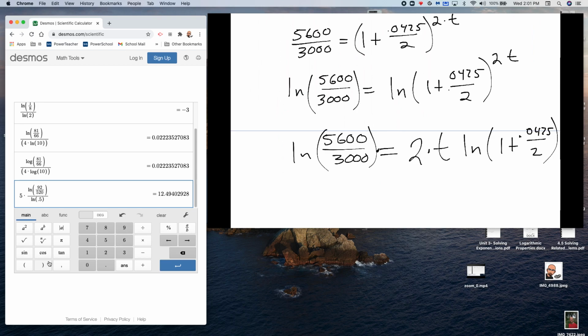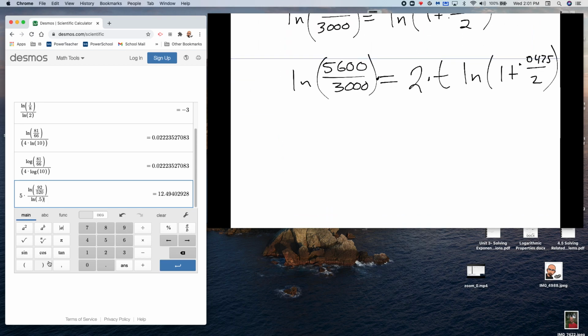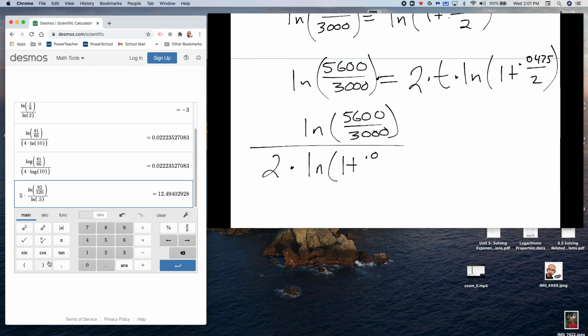Now to get t all alone, I divide by those pieces that don't involve t, because that's just multiplication right there. So natural log 5,600 divided by 3,000 divided by 2 times natural log 1 plus 0.0425 divided by 2.